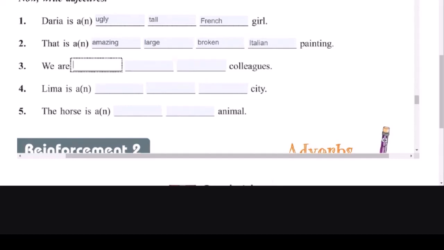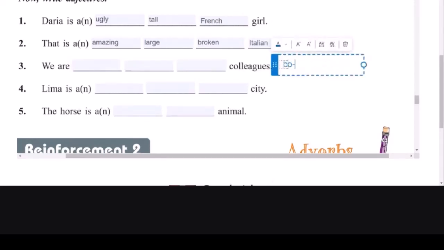And then number 3, we are blank colleagues. Now the way we pronounce this, meaning my co-workers. Another way we can say that is co-workers, because people have a hard time sometimes saying colleagues. It's ka-a, right? Leagues is like this, double E, G, Z with a Z, right?